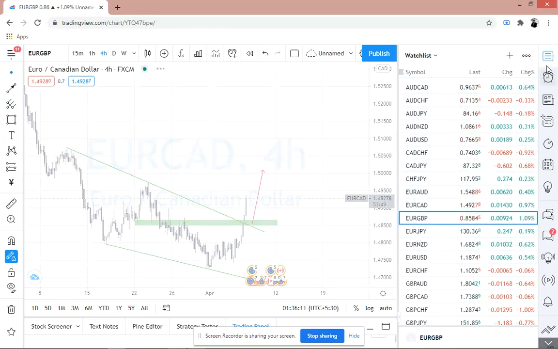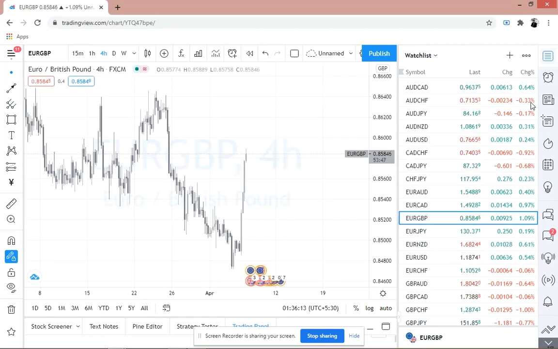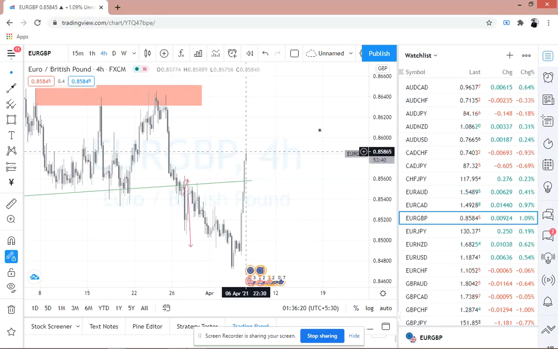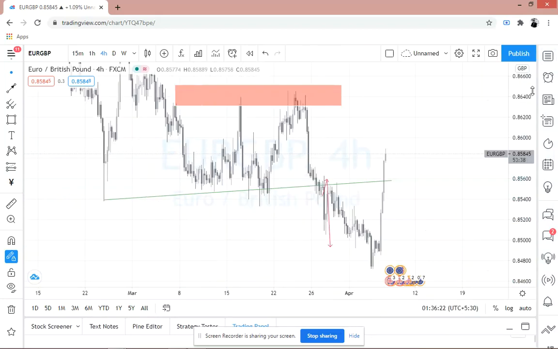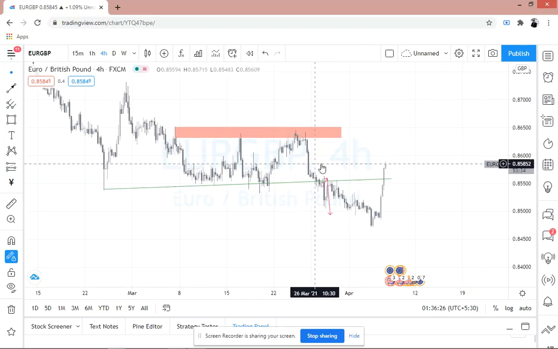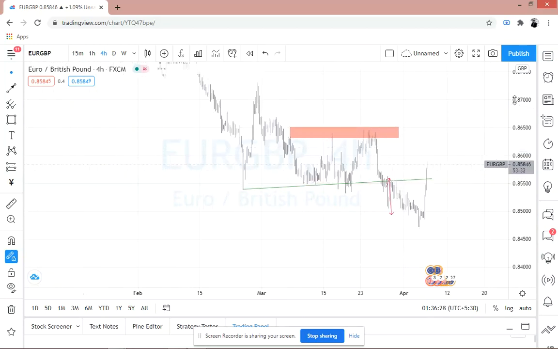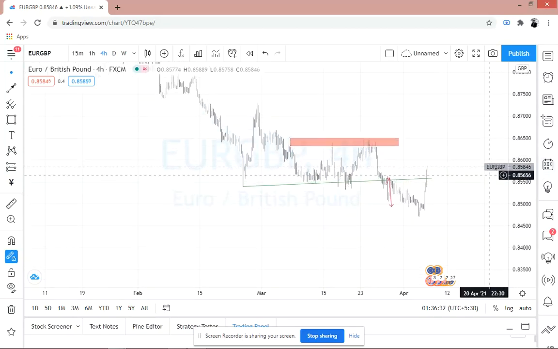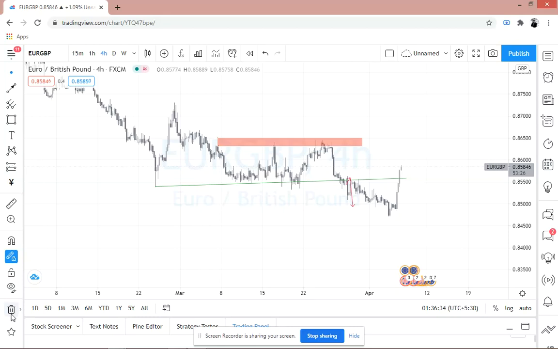So Euro GBP, let's check what we have for Euro GBP. Euro GBP moved in our direction and finally made a strong move to the upside. That was our prediction last week. But the market is still in a downtrend. So let's see where we should expect sellers' entry in this kind of situation.